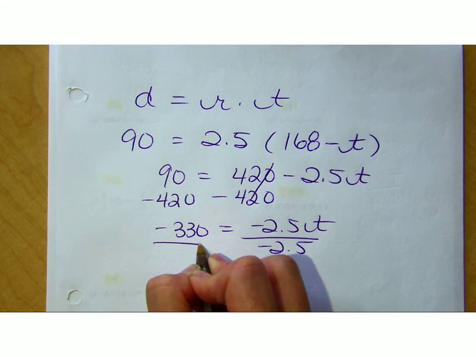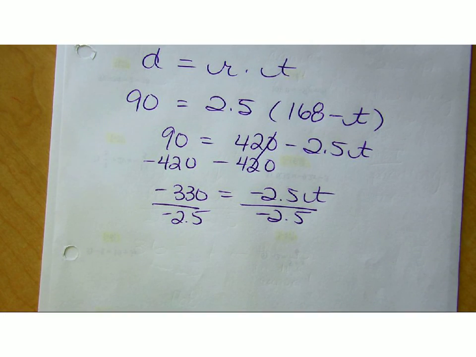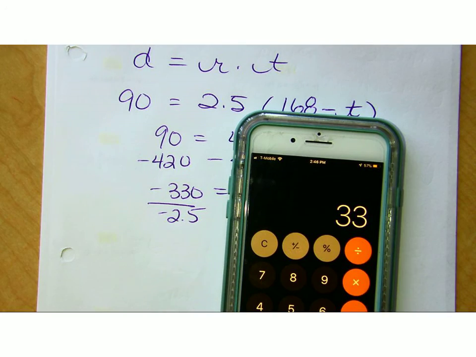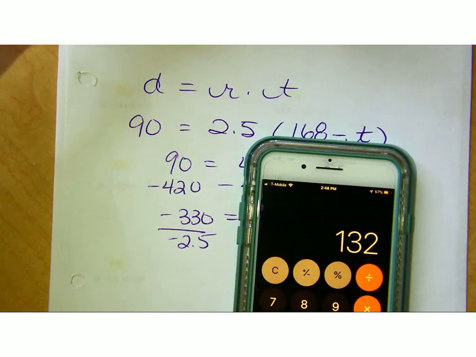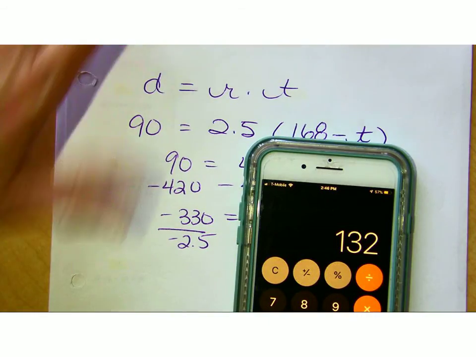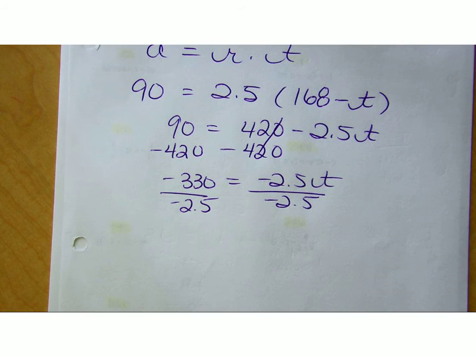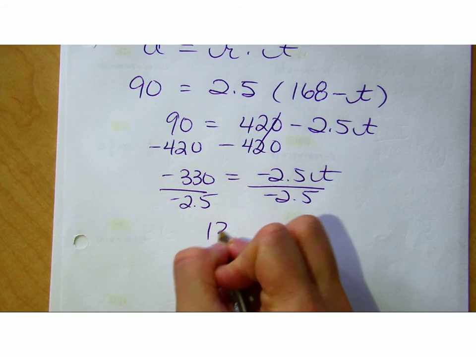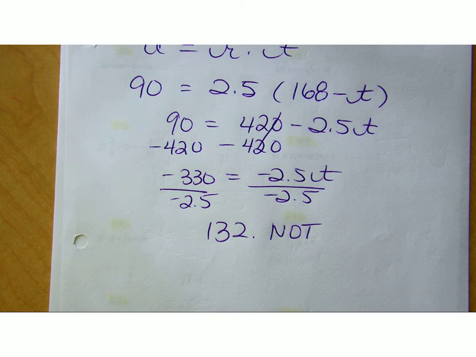What do you think I get if I divide 330 by 2.5? 132. And guess what? If you forget to do things, you're A-okay, because you do not have to do anything else because you built that not into your answer, okay?